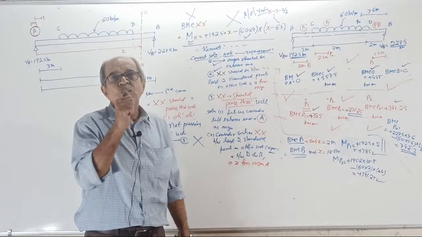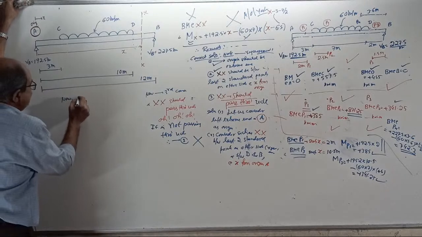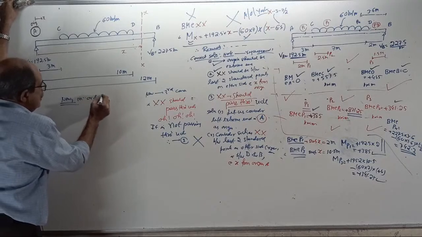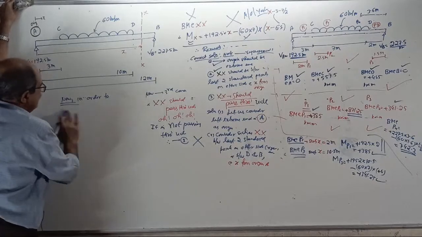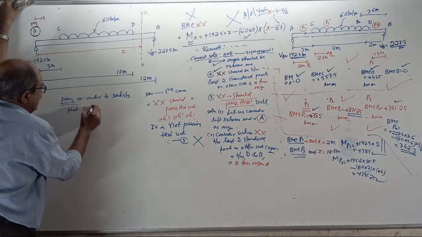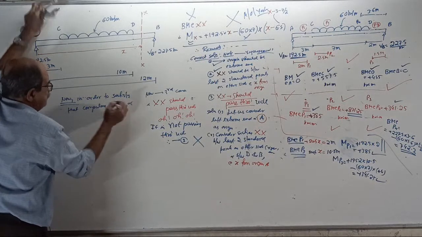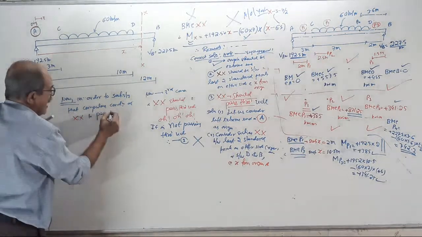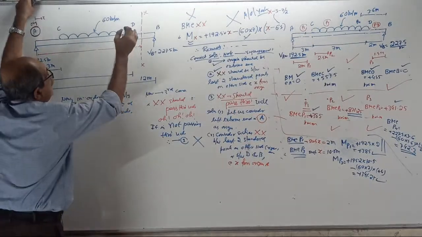So now write what to do. Nothing to worry. See now, correctly, in order to satisfy that compulsory condition of XX passing through UDL, what I will do is extend the UDL.